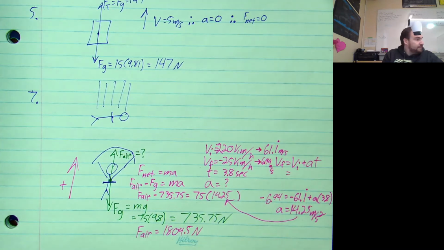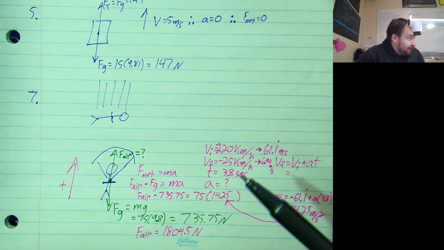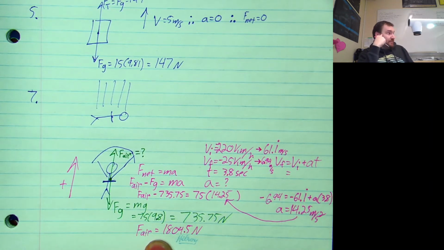Like, the F air is bigger than the F g, but she is going down. Well, okay, hold on. It's good that you brought that up, Luis. Let's analyze what's happening here. This F air represents what? It's the air going into the chute and the drag that it's creating.